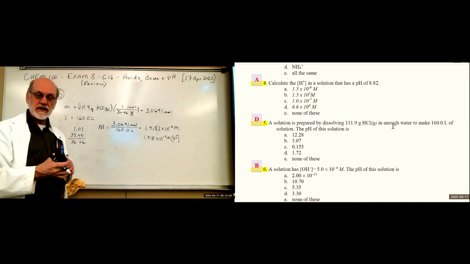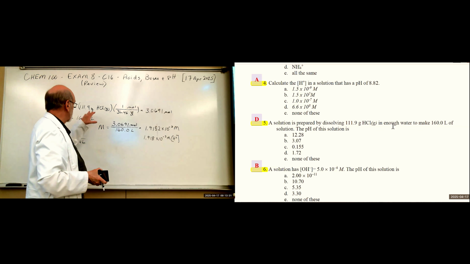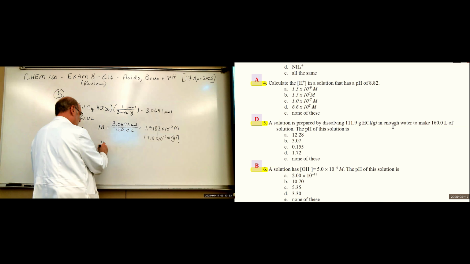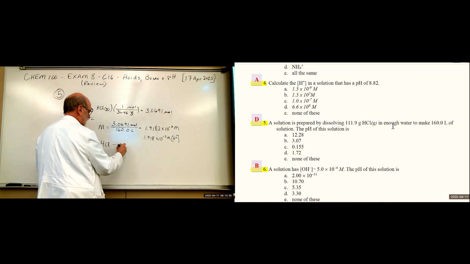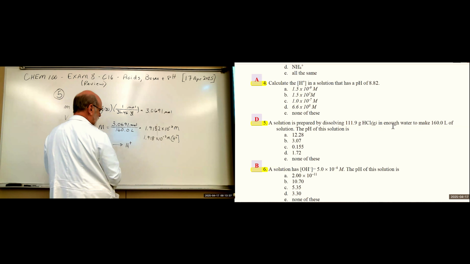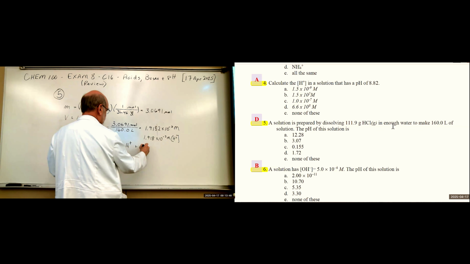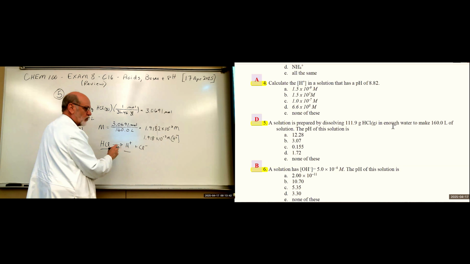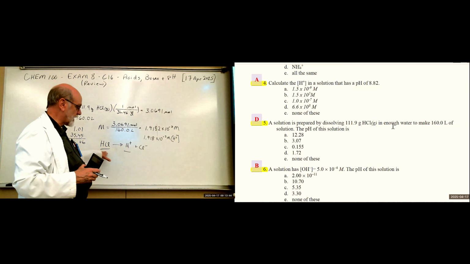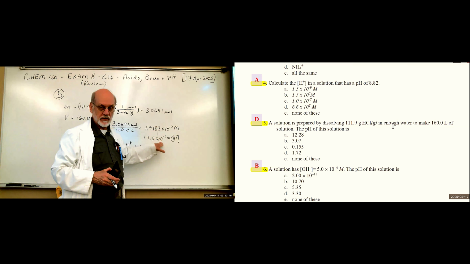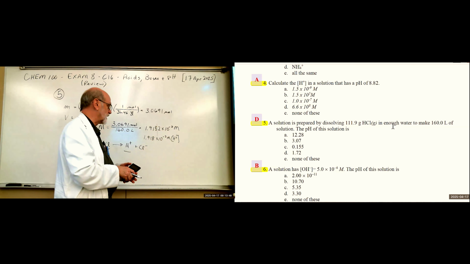Now, how do I know it's hydrogen ions? Because for every 1 HCl, we get 1 hydrogen plus the chloride. So it's a 1-to-1 relationship. If I know that concentration, I also know this one. Now we can calculate pH.